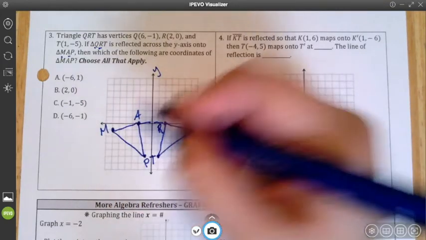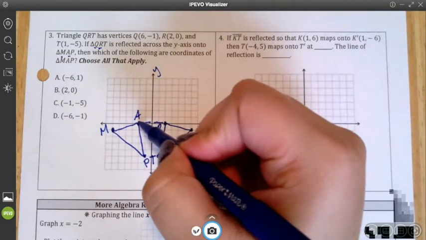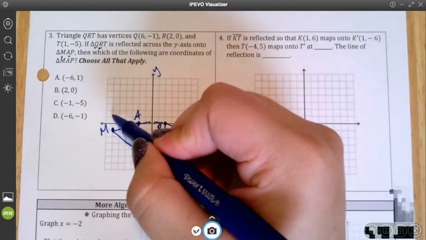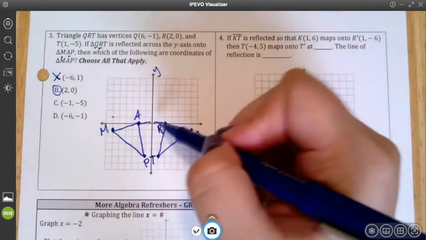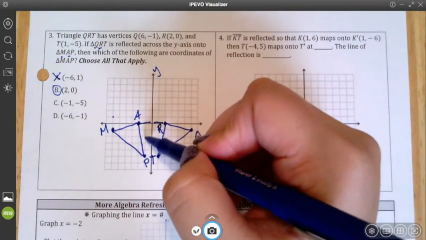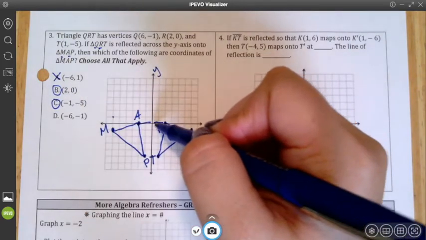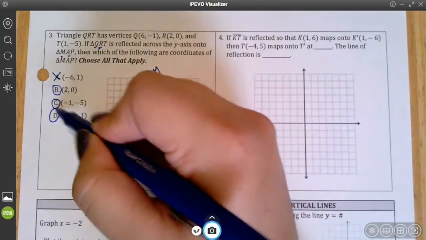Which of these are on our triangle? Well, -6, +1, no. 2, 0, yes. -1, -5, yes. -6, -1, yes.